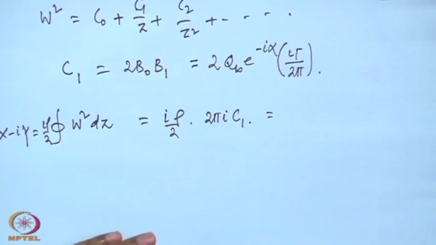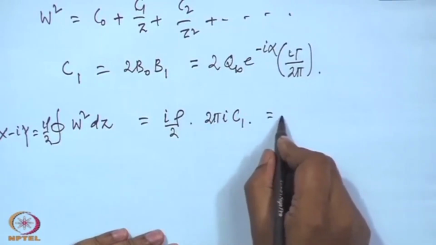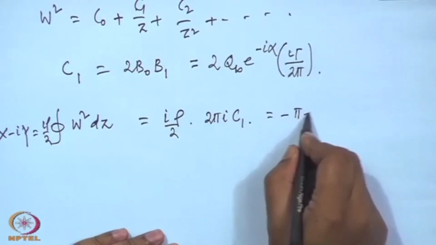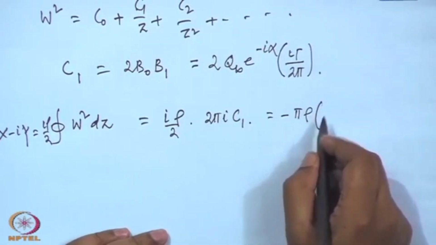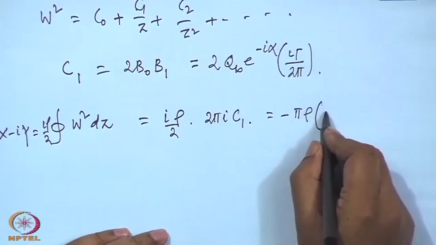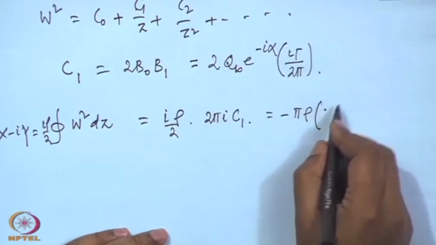So, that makes how much? I square minus pi rho into how much? q infinity e to the power minus I alpha.